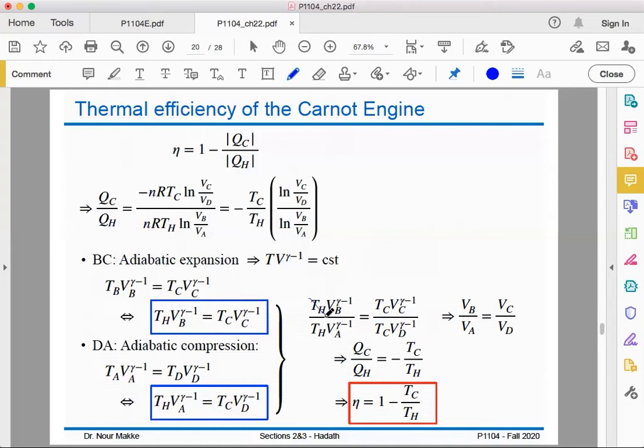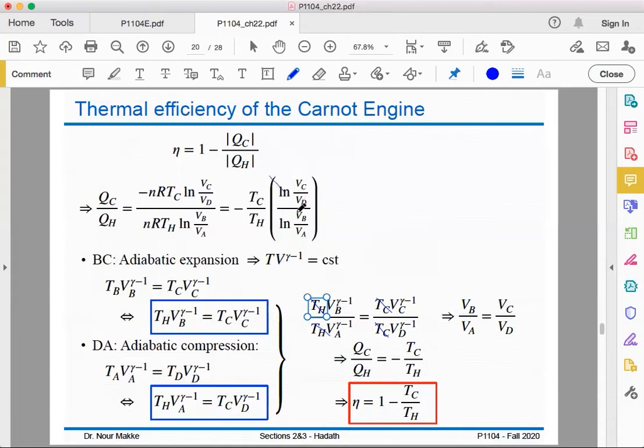So from this ratio, of course, TH and TH cancel out, and TC and TC cancel out. We get that VB over VA is equal to VC over VD very easily, which means that this ratio is equal to 1, because ln VC over VD is the same as ln VB over VA. So it's as if we are saying ln VC over VD divided by ln VC over VD, which is the same quantity, and that goes to 1.